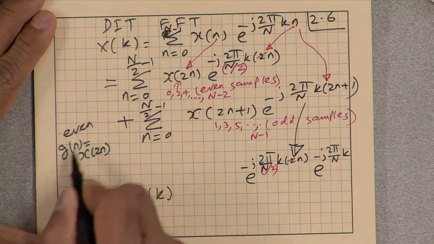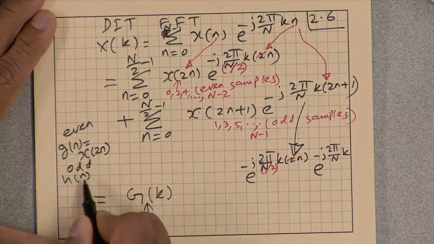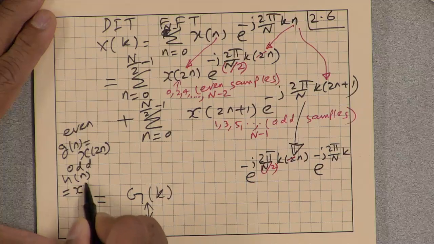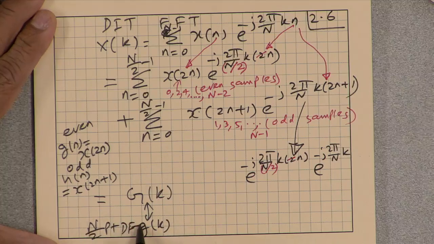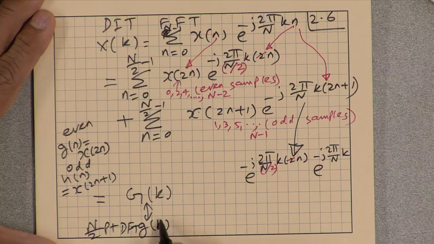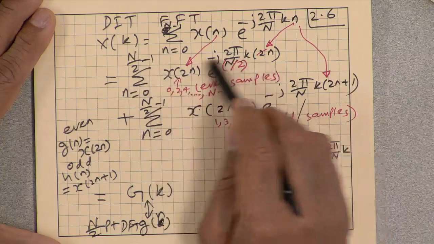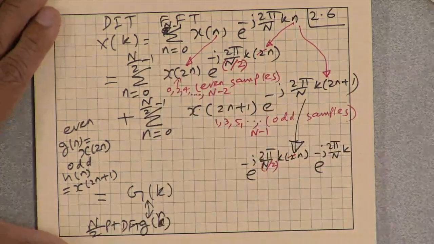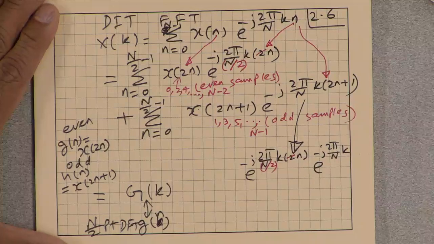So this is n by 2 points, and the odd sample I can call hn is equal to x2n plus 1, and gk is the n by 2 point DFT of gn. So this first sum is nothing but the n by 2 point DFT of the even samples.